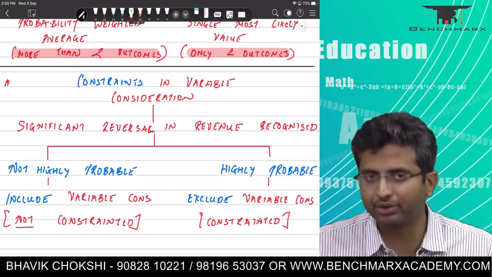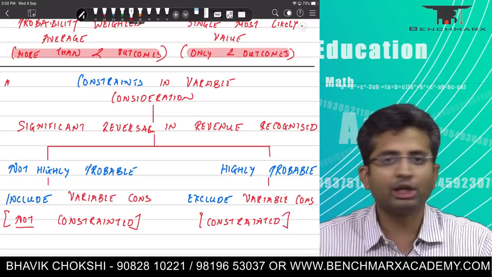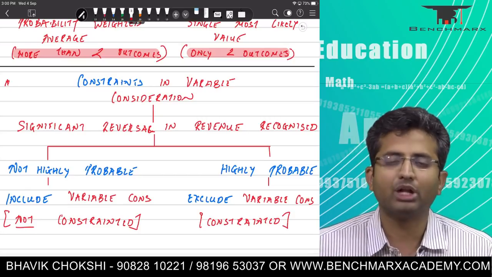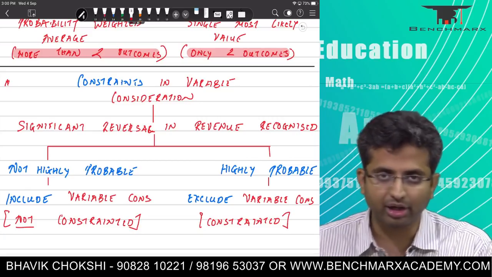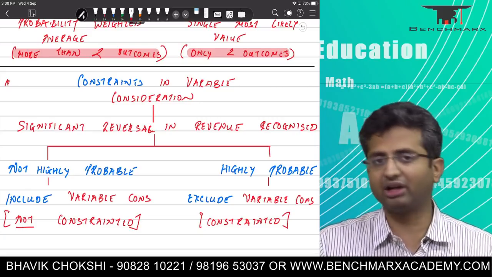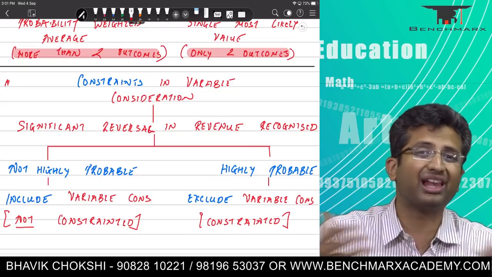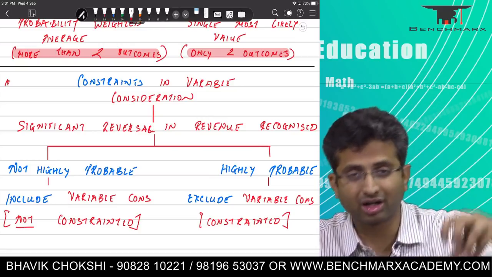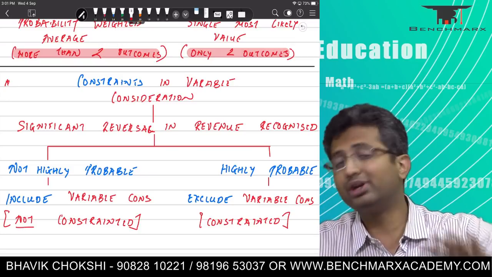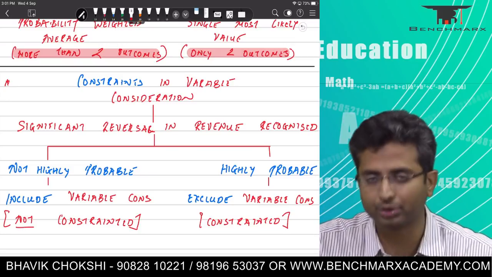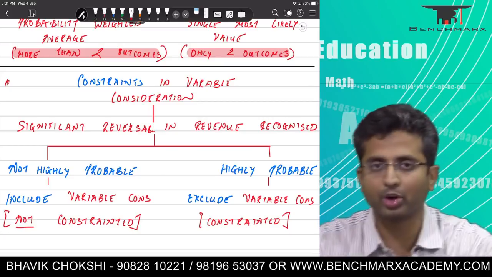Subsequently, it is highly probable that you will not receive the positive quality control check, in which case the standard believes that the variable consideration is constrained. If you are yourself not confident that you are recognizing revenue now which will not be reversed in the future, then you don't recognize it now at all.